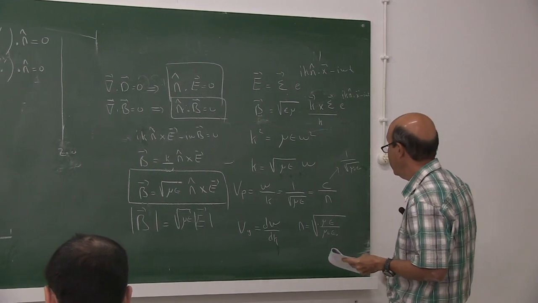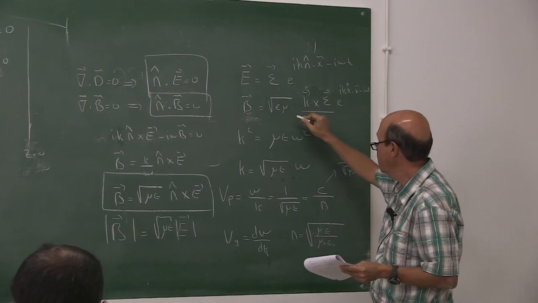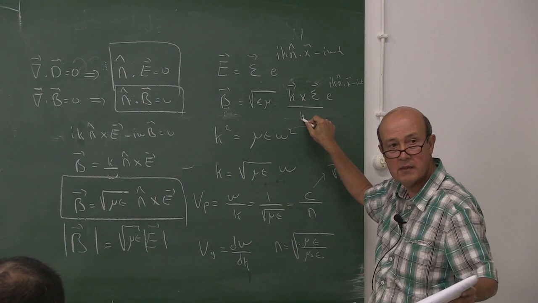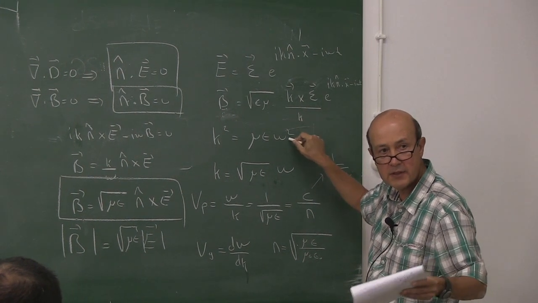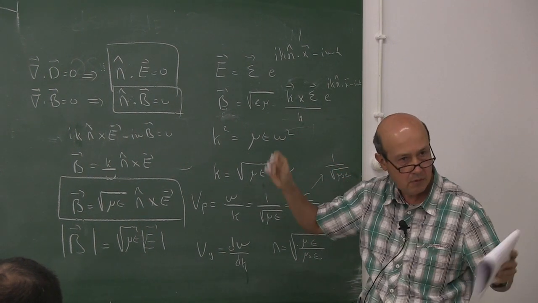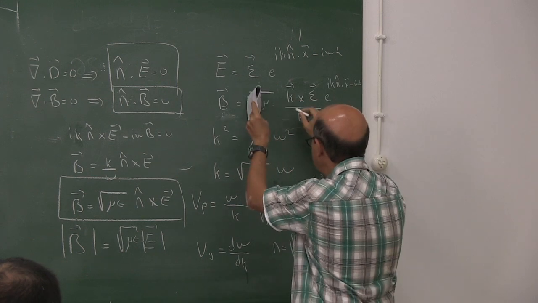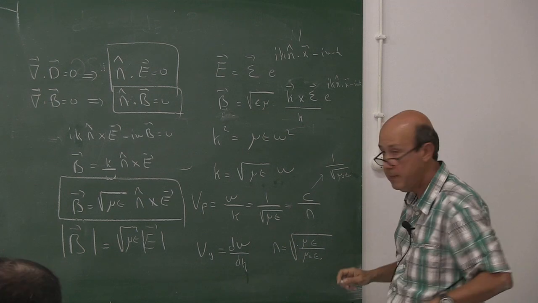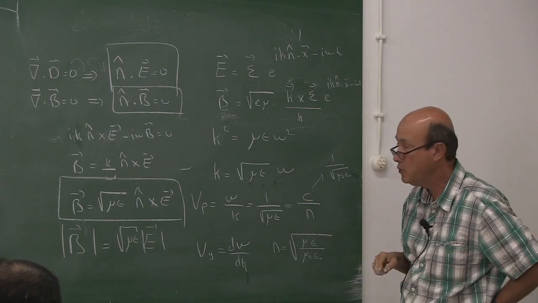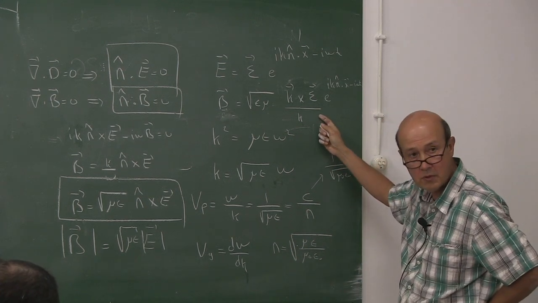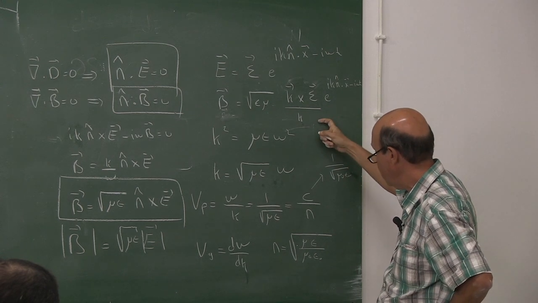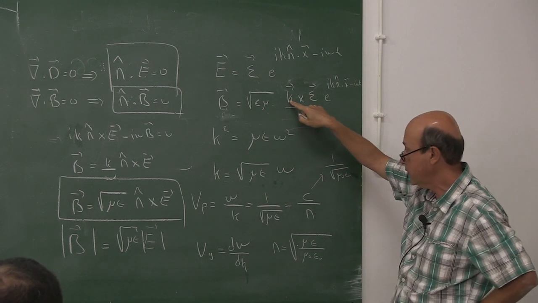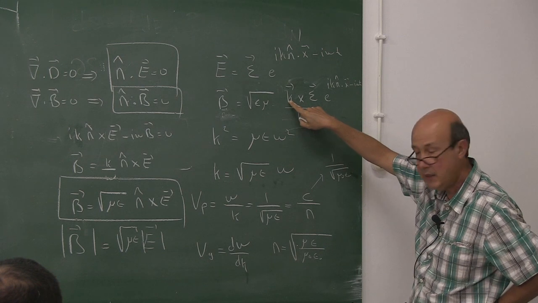What was the square root of mu epsilon over K? Frequency, 1 over frequency, that is the same. So we don't need this term. But in order to make an H, divide by the mu. And what is the magnitude of the K? We have the direction here.